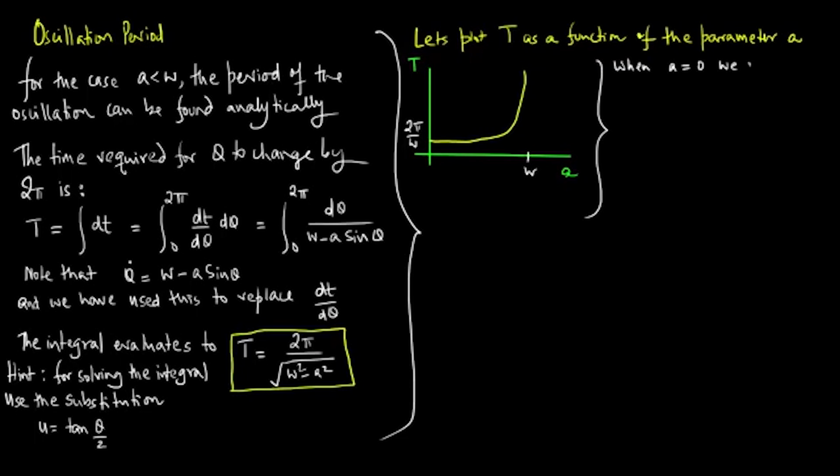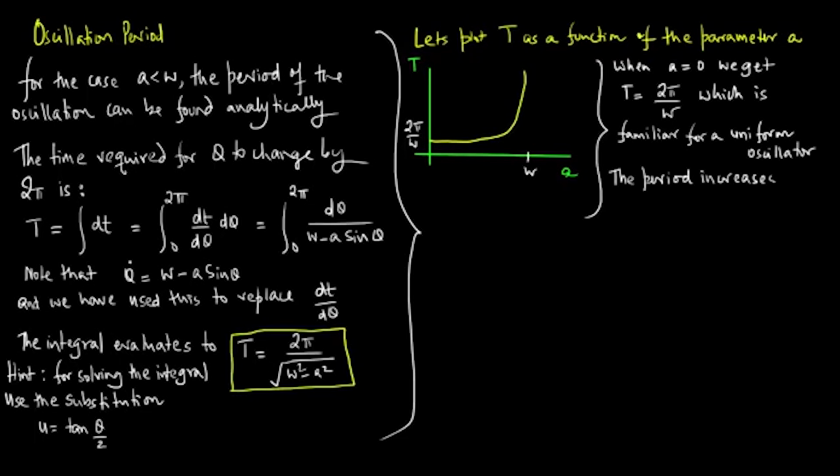When a is equal to 0, we get capital T is equal to 2 pi by omega, which is familiar for a uniform oscillator. The period actually increases with a and diverges as a approaches omega from below.